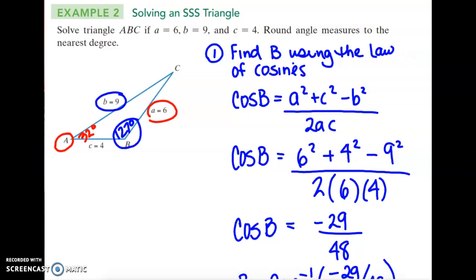Our last step is to use our Triangle Sum Theorem to find angle C. So to find angle C, we subtract out angle A and angle B from 180 degrees. So we find angle C using the Triangle Sum Theorem.